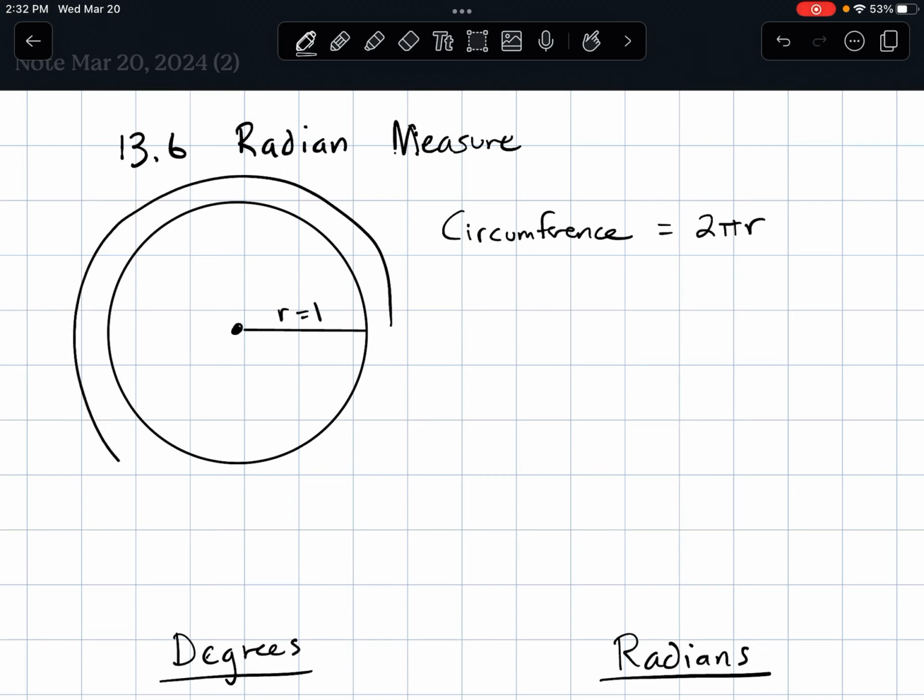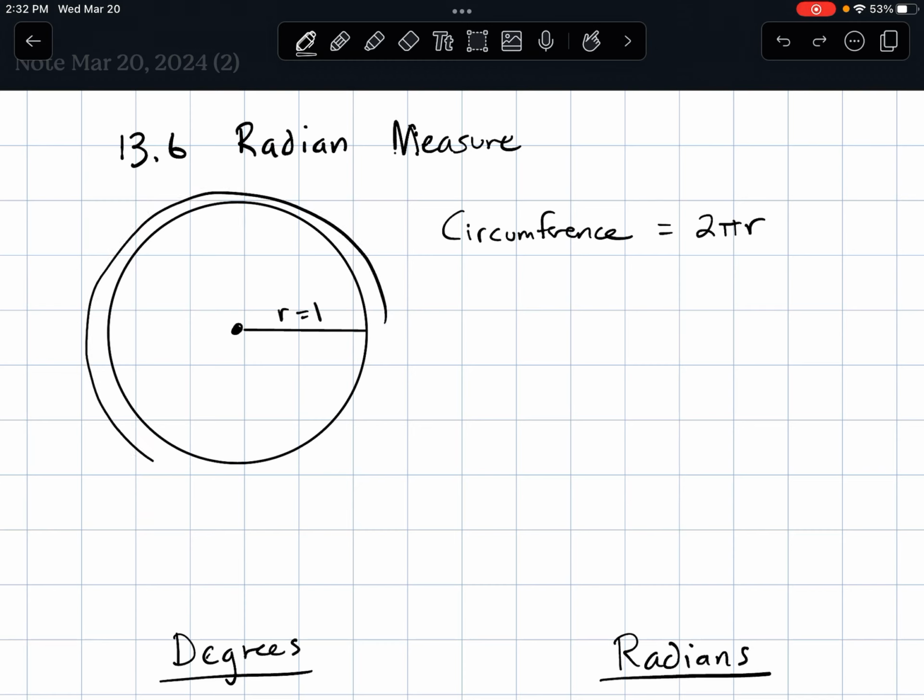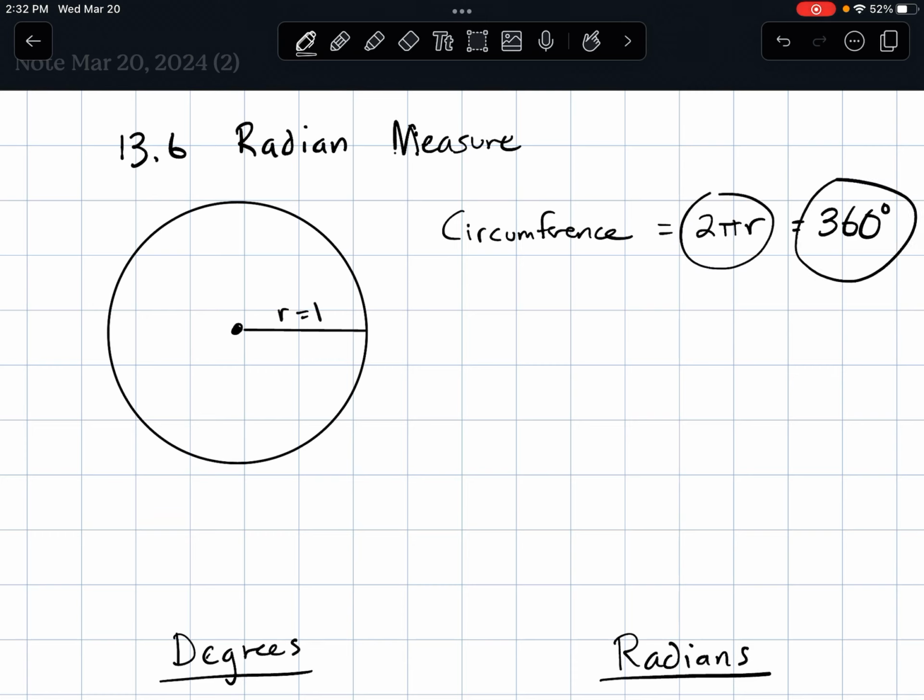In other words, 1 full rotation around the circle is equal to 2 pi r. I also know that 1 full rotation around the circle is equal to 360 degrees. So we can say that the circumference is the same thing as 360 degrees, right? Both of these represent 1 full rotation around the circle.